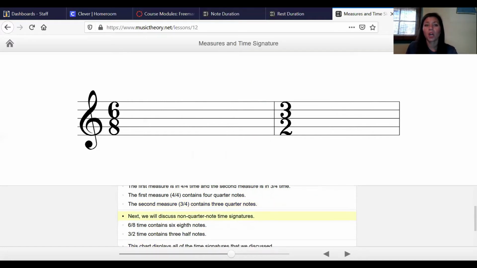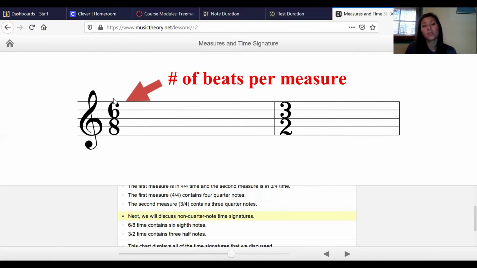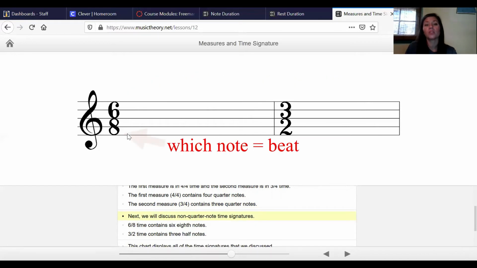This is a little bit more complicated, but I'll go ahead and explain it to you. You have other time signatures, things like 6/8 or 3/2. But it works the same. Remember that the top number tells you how many beats are in the measure, and the bottom number tells you what kind of note receives the beat.